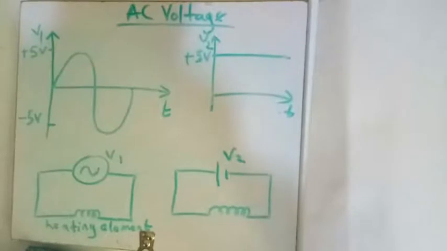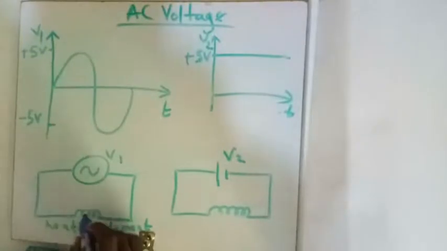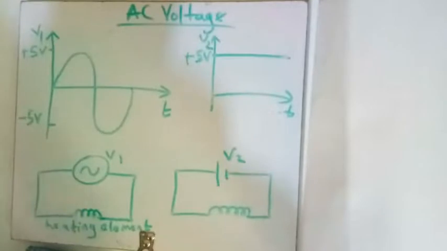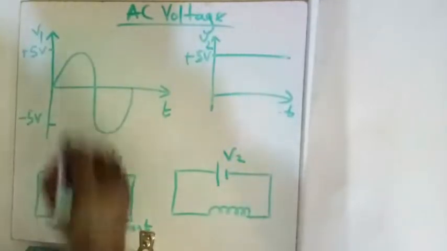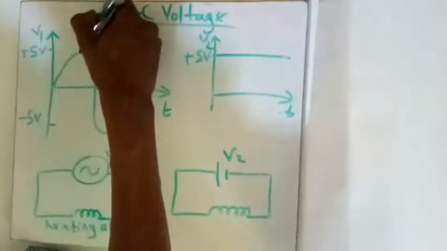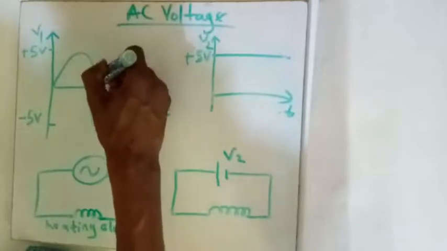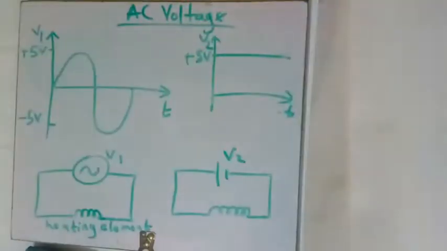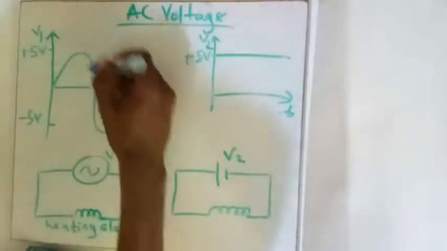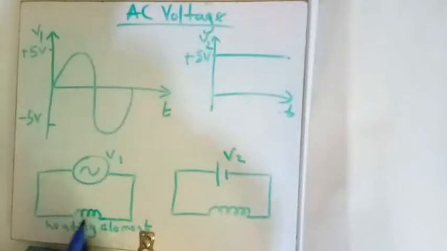Now the question is that because of the temperature properties, it's not digital, it's analog in nature. Just because the voltage drops from the peak back to zero doesn't mean that the heating element will actually be cold.